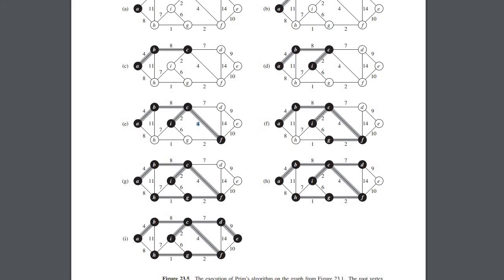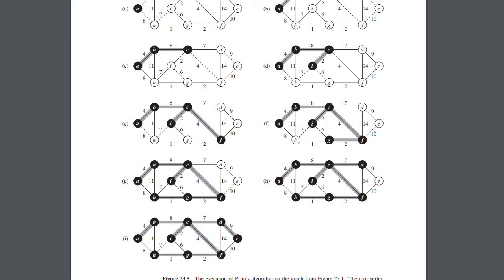If we have any transition which is less than 4, we definitely move along that transition. 2 is less than 4. So from F we choose F to G instead of F to D or F to E. In this diagram you can see that we have highlighted F to G.